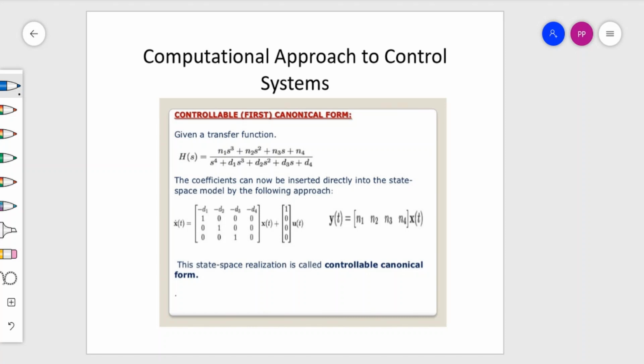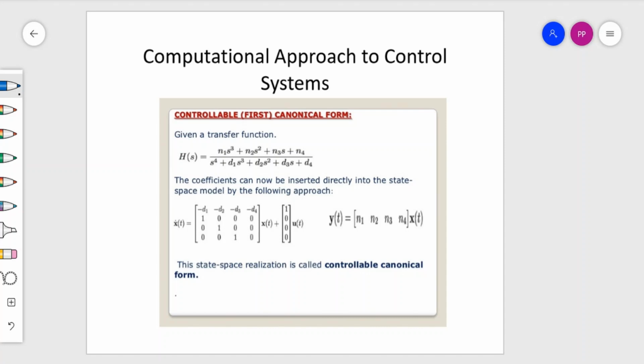Here we have x dot equals some matrix multiplied by x, where x is the state vector, which gives you an idea about the present state or present situation of a system which is running. Then the second matrix, which is the coefficient of u, is a vector which has only one column.